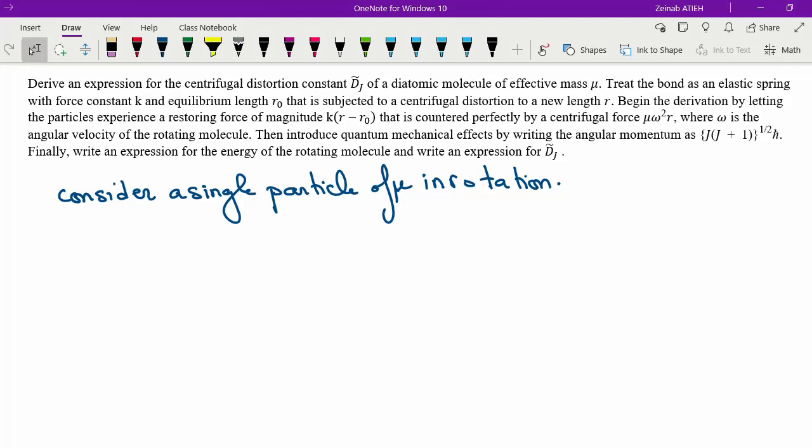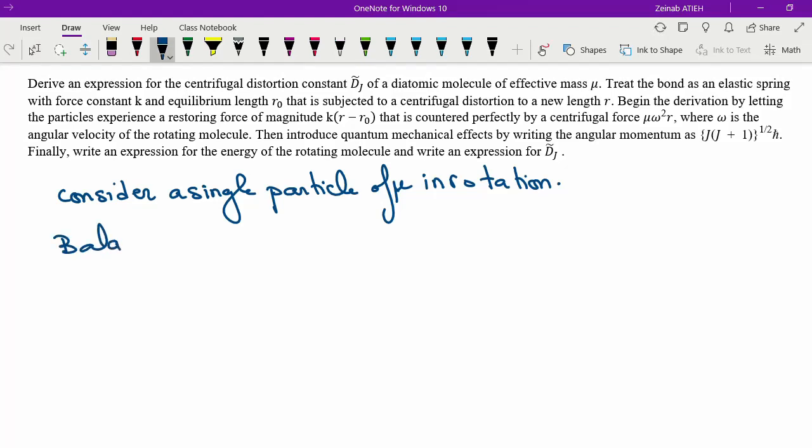During its rotation, the centrifugal force, which has a magnitude mu r omega squared, must be balanced by the restoring force, which has a magnitude k(r minus r0) that accompanies bond stretching. So when the bond stretches, it will reach equilibrium with the centrifugal force.